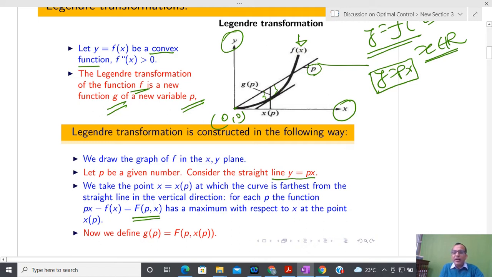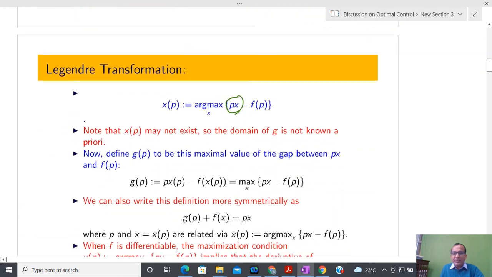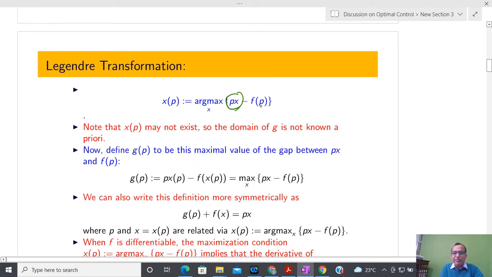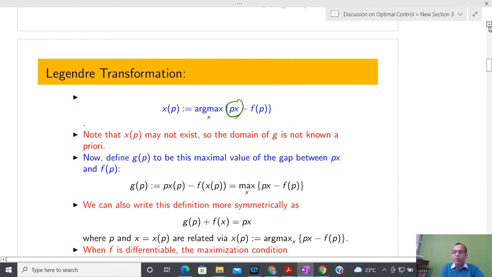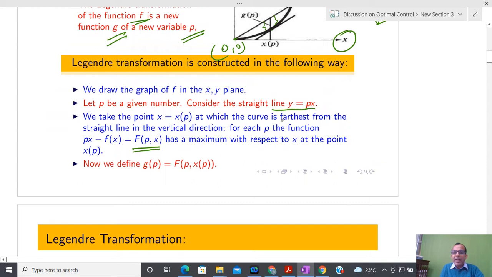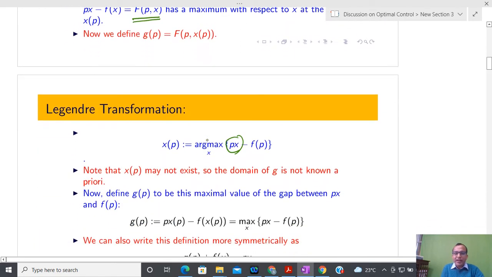So I have to select this px and this curve, and for that reason I have written f*(p). And I have to take the argument where the maximum occurs. What does it mean? That I have to select the farthest distance from the straight line in the vertical direction. That is the interpretation of this particular operator.